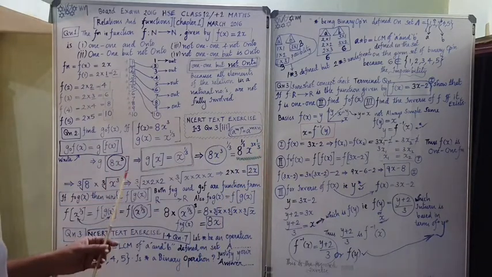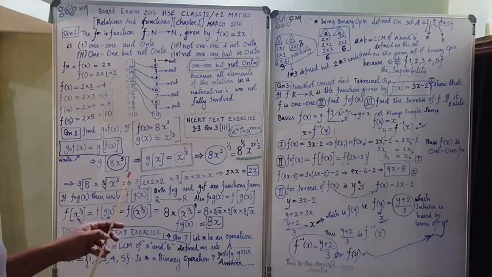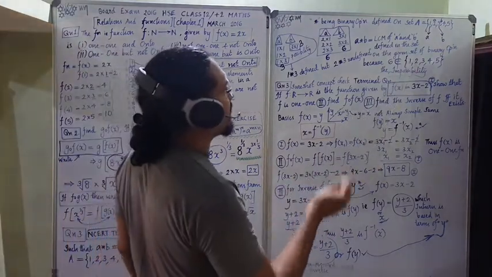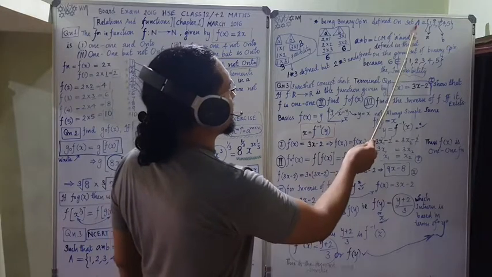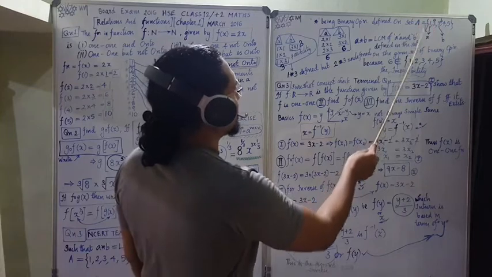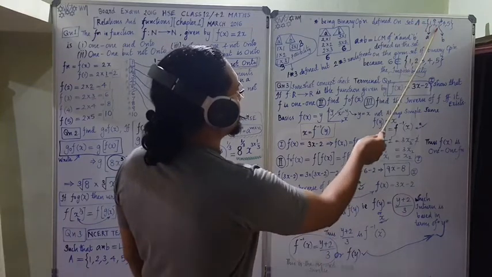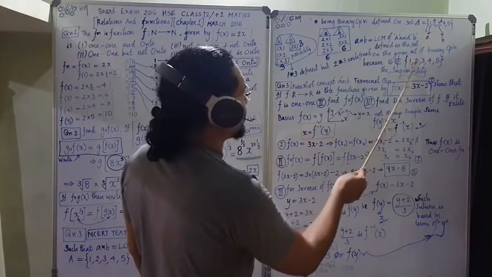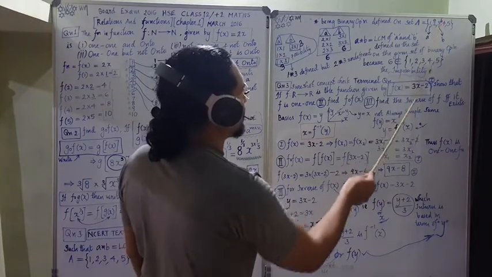A relation is something in which a set is related to another set. This set A is related to B. Consider B is also the same. Then 1 is related to 1, 2 to 2, 3 to 3, 4 to 4, 5 to 5.